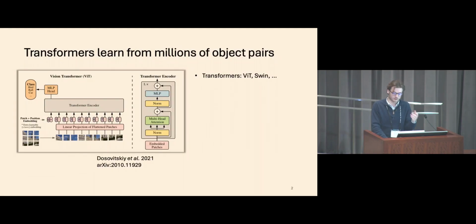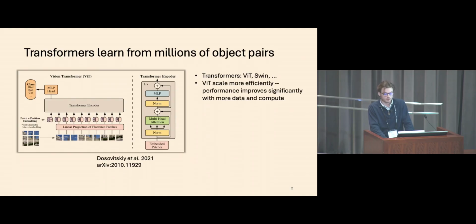As we enter this age, one of the great challenges in computational imaging is to keep up with the data quantity required to train large vision models in a supervised manner. Vision models such as transformers learn from millions of object pairs. Though such models offer great promise, they scale very efficiently, meaning their performance will significantly improve with more data and more compute.